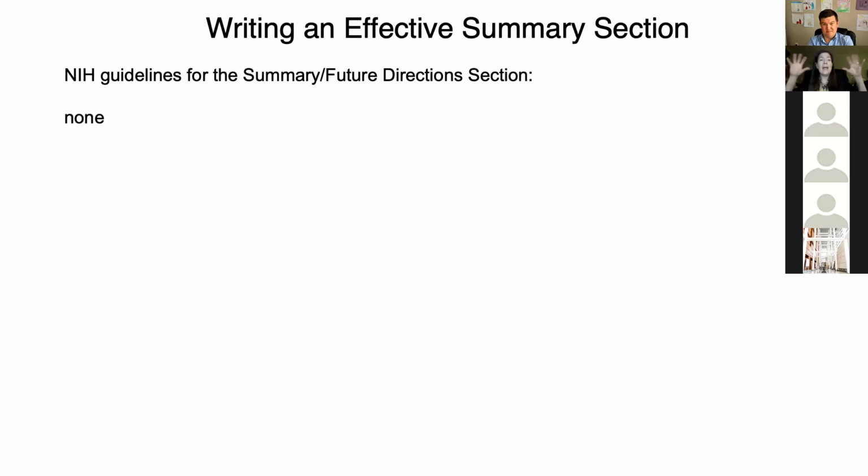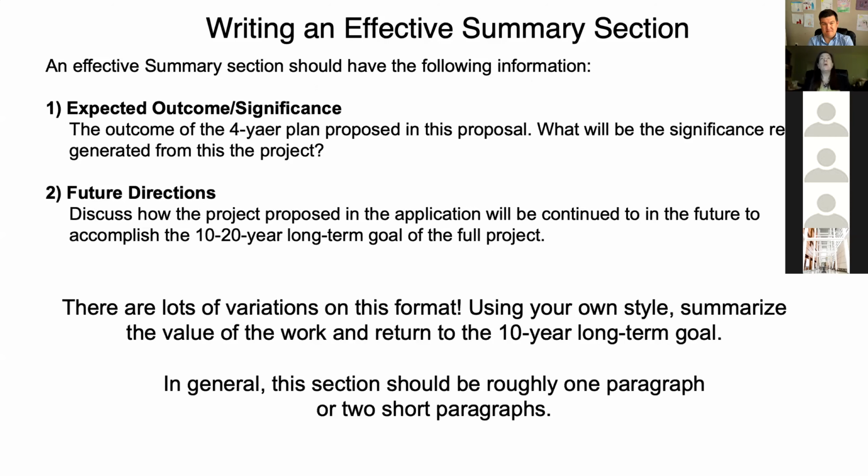How do you want to end your proposal to really bring out the excitement, to end with a bang? What I see in these ending sections are really two different major topics, and again, what you emphasize is up to you.